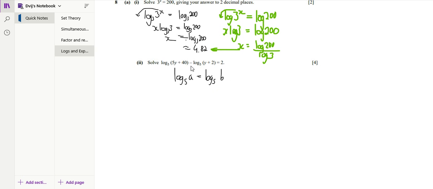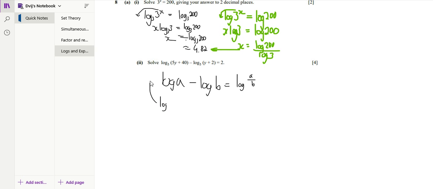Well, you see the minus sign here, and that should indicate to you that we have to use the log rule: log a minus log b is equal to log of a over b, and this is true for any base. So for base 5 it's the exact same thing.